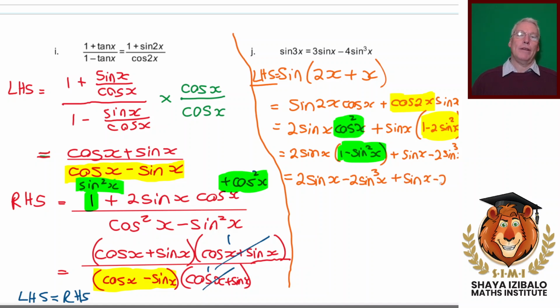And we've got another minus 2 sine cubed x. Those negative 2 sine cubed x's give us negative 4 sine cubed x. And we've got 2 sin x and 1 sin x, so 3 sin x. So we've got 3 sin x minus 4 sine cubed x, and there it is.